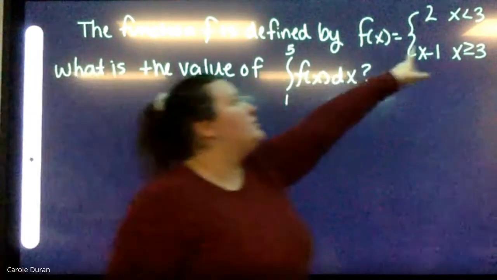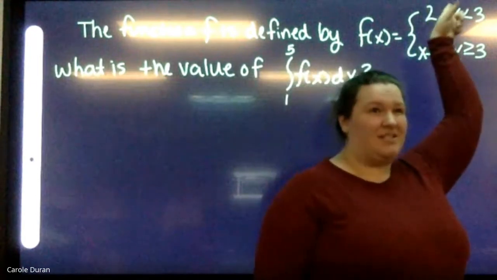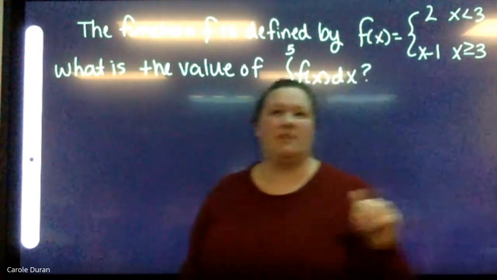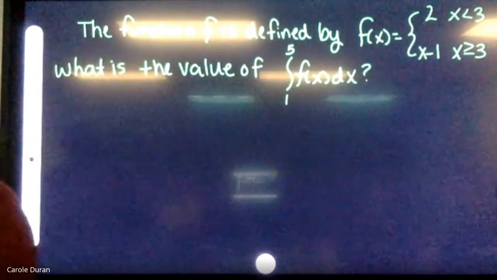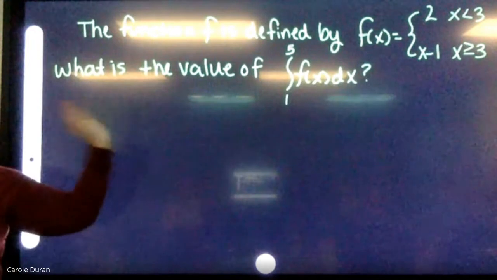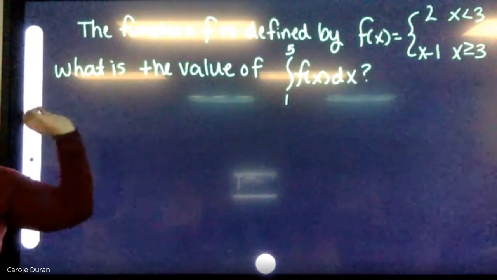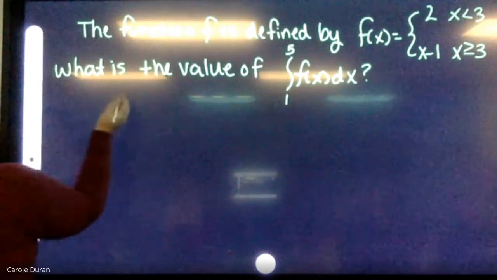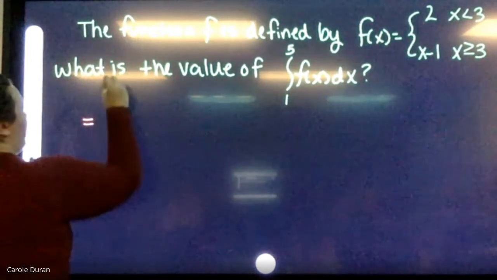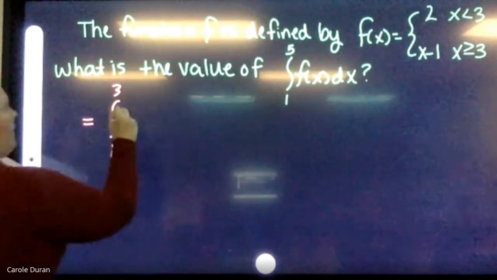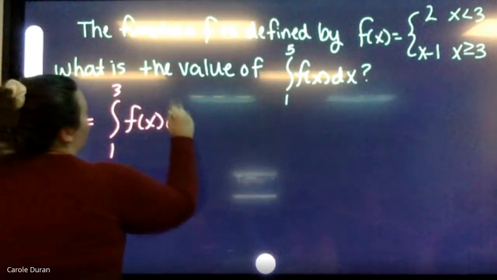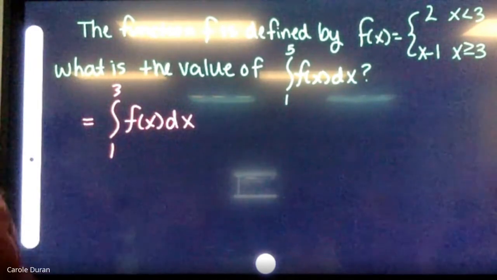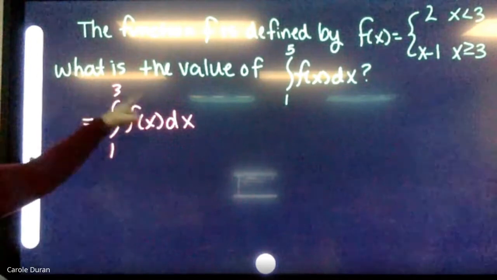Because this top function only works for x values that are less than 3, and this bottom function only works for x values that are larger than 3. So I'm going to have to break this up based on the domain of each of those individual functions. So when I split this up, it's going to become the integral from 1 to 3 of that top function, f of x dx, because the domain for that is less than 3. So 1 to 3 because my interval started at 1.